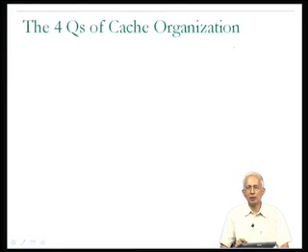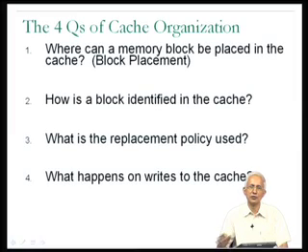Okay, now when people talk about the organization of caches, they typically stress 4 design parameters of caches, and I will talk about those 4 design parameters in terms of 4 questions that are addressed by settings of design parameters. So I'll talk about the 4 Qs, the 4 questions of cache organization.